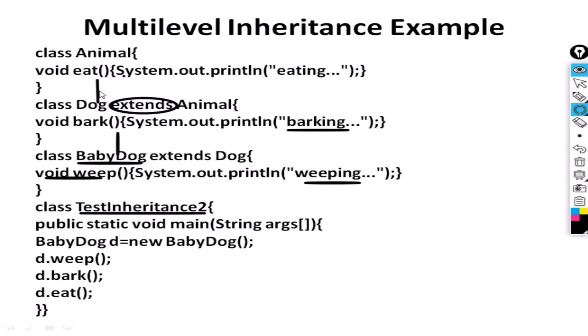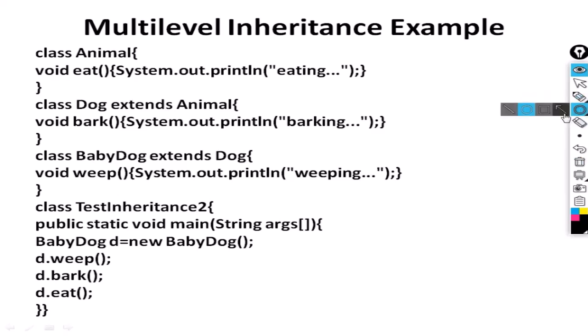Like that, if a person holds a property and you check the last person's property, then there is no need to check the parent, grandparent and ancestors. So here we have created an object for baby dog. Baby dog is a class which inherits the properties from dog, and dog inherits the properties of animal.